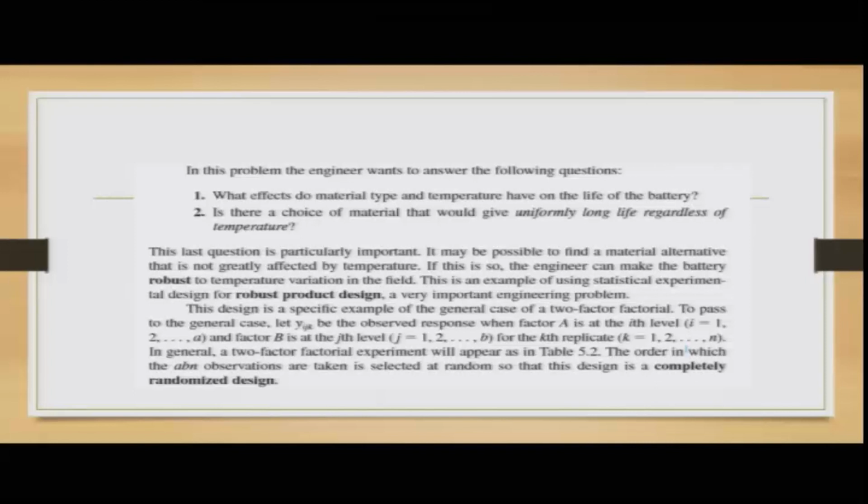In general, a two-factor factorial experiment will appear as shown in table 5.2 in the book, in which there would be small a number of capital A factors, small b number of capital B factors, and each would have replications given by the value of small n. So total observations are a into b into n, and they are selected at random, so this is a completely randomized design of experiments which we are trying to do.